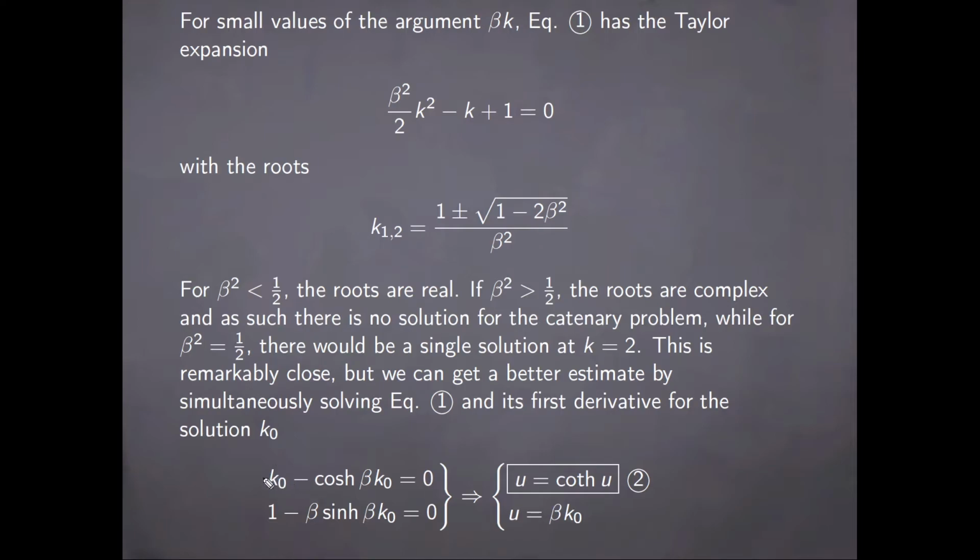Then we took the derivative of equation 1 and once again wrote it explicitly for the value k0. And then from these two equations, what you obtain immediately is equation number 2 in the variable u, being given by the product between beta and k0. So u needs to be equal to the hyperbolic tangent of u.